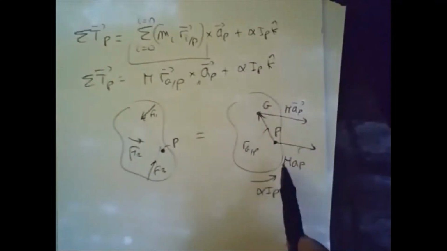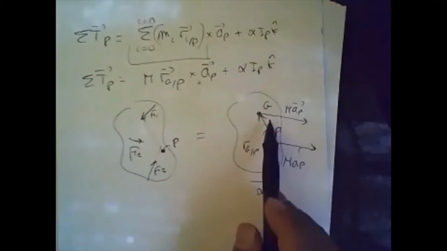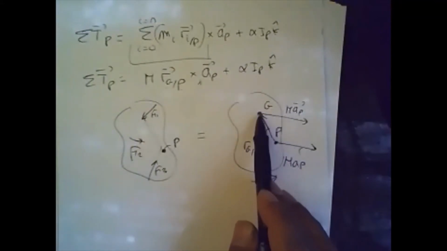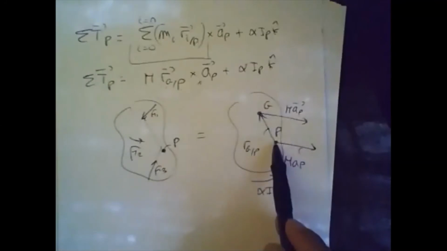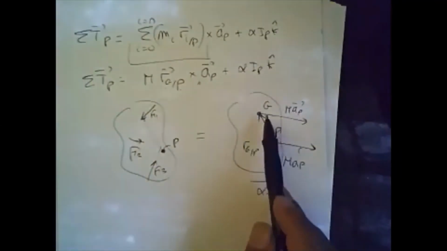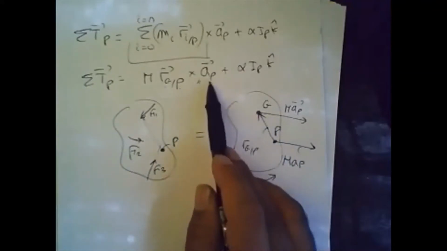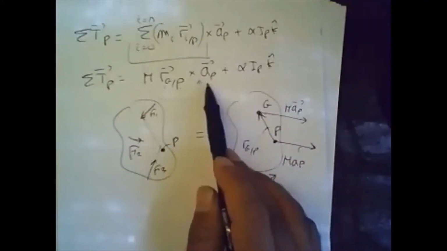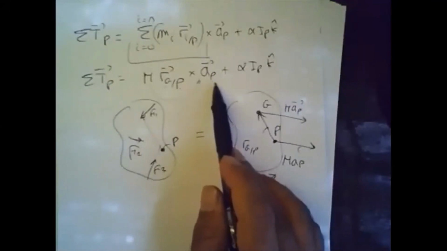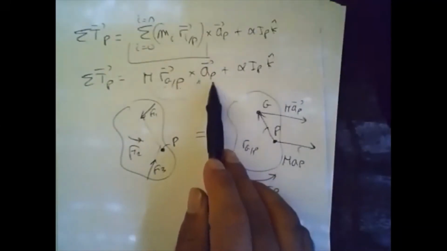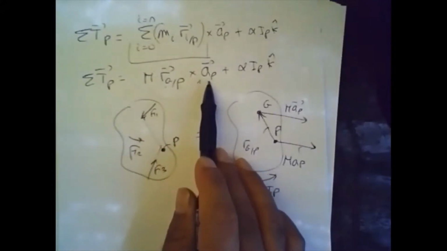So in many cases this can work, but it sometimes may be inconvenient, because most of the time the forces will give you the acceleration at the center of gravity. They don't actually give you the acceleration at point P. So I need to somehow convert that and get the acceleration directly at the center of gravity. So I want to rewrite that equation another time, because I may not know a_P easily.